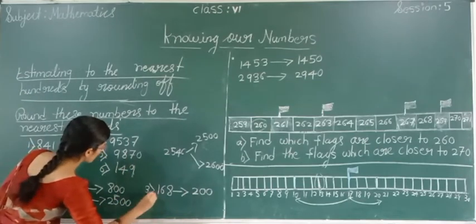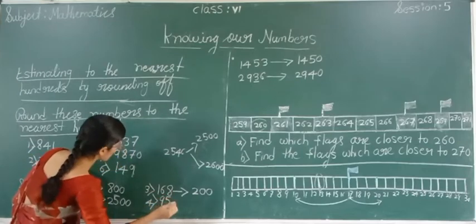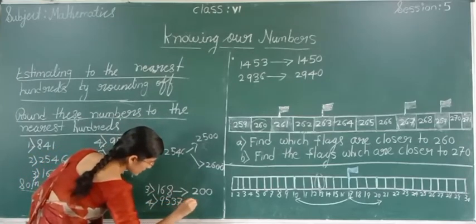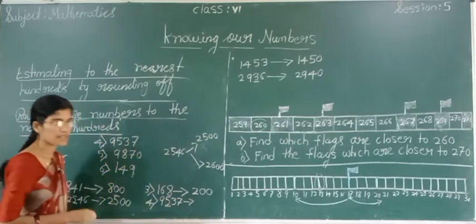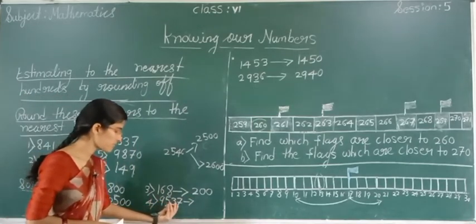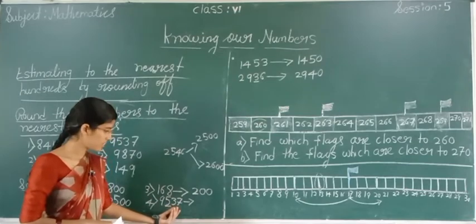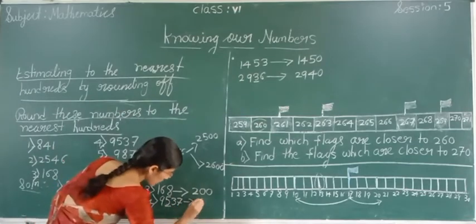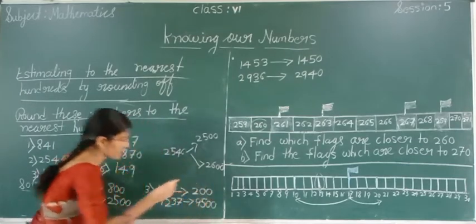Fourth one, 9537. This we have to estimate to hundreds. 9537 is nearer to 9500 or 9600. It is nearer to 9500.